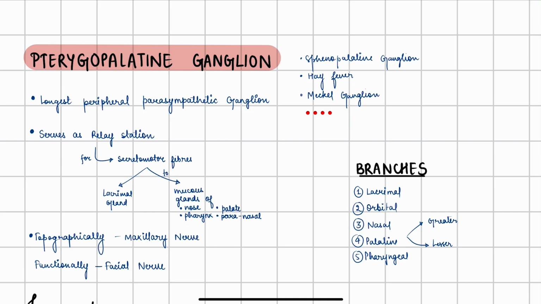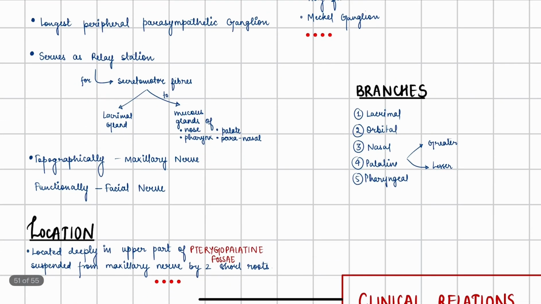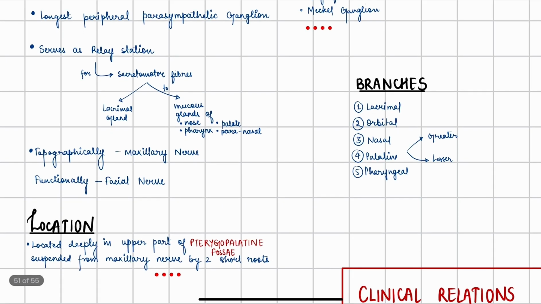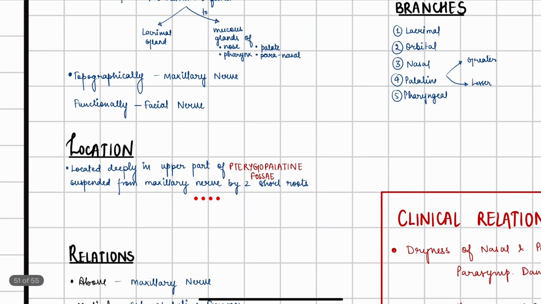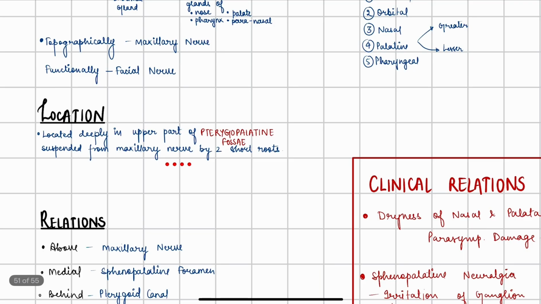The pterygopalatine ganglion's secretomotor fibers supply the lacrimal gland and the mucous glands of the nose, pharynx, palate, and paranasal part. Topographically, it is supplied by the maxillary nerve and functionally by the facial nerve. You also have to answer in the comment section the topographic and functional components of the submandibular ganglion. The location of this ganglion is in the upper part of the pterygopalatine fossa.